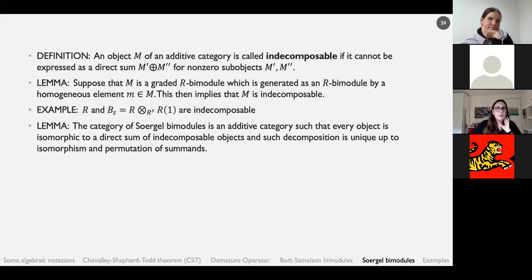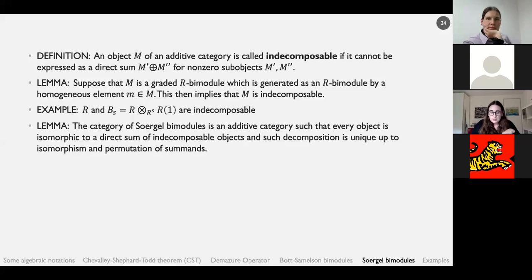Before ending up with some examples of Soergel bimodules, we need a few more definitions and a lemma. First, let's look at the definition of indecomposable. An object M of an additive category, for example bimodules, is called indecomposable if it cannot be expressed as a direct sum of two non-zero sub-objects M' and M''.